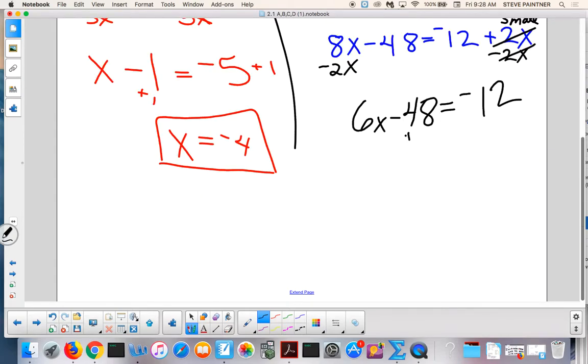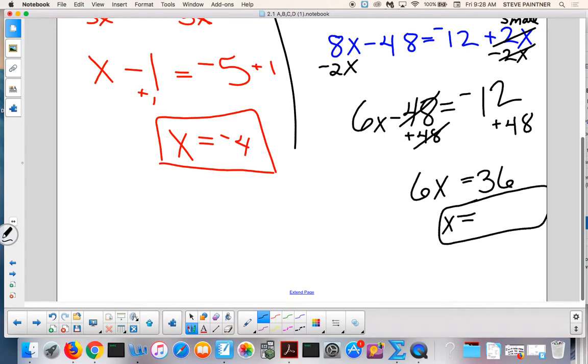Plus 48 to get rid of minus 48. 48, take away 48, nothing. Add 48. 36 equals, divided by 6, equals 6, right?